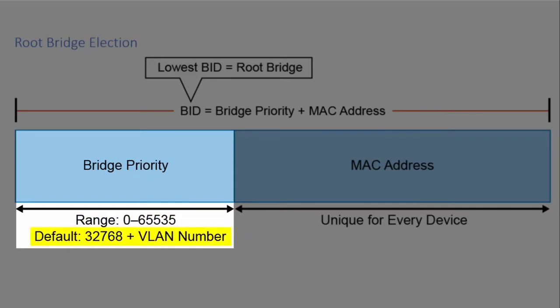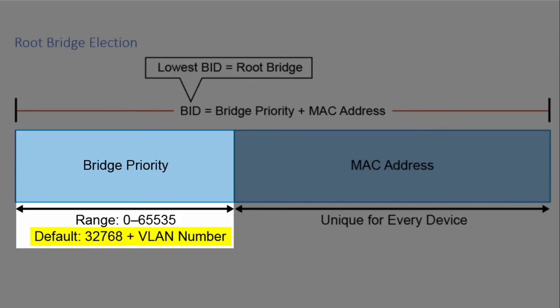Now, our default bridge priority is 32,768. And if I looked at that for VLAN 1 as an example, I would see my bridge priority in a show output as 32,769 for VLAN 1. Now, that bridge priority is in increments of 4096.